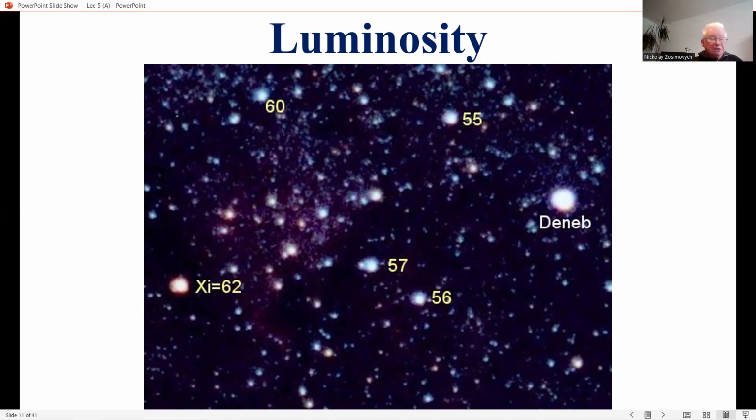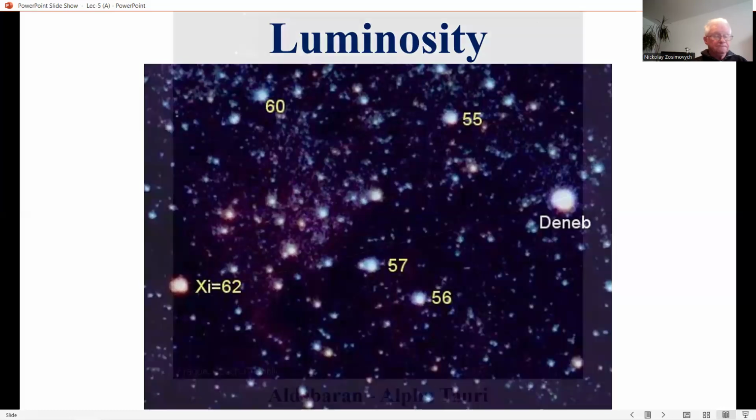Hot stars emit a great deal of ultraviolet radiation that you can't see, and cool stars emit infrared. Because absolute visual magnitude includes only visible radiation, astronomers must add a small correction to make up for the invisible energy. Then they can calculate the luminosity of the star from its absolute magnitude.